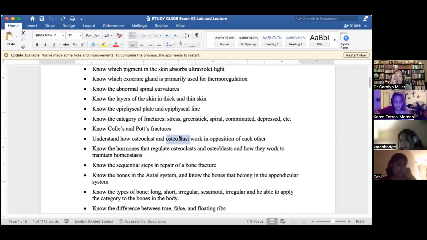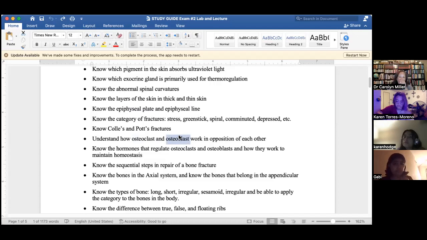They work in opposition. But if the question on the exam says osteoclast, if it says PTH increases or decreases, in other words, if they're already in opposition, if one part of that sentence says increase, the other part of that sentence says decrease, they're already in opposition.